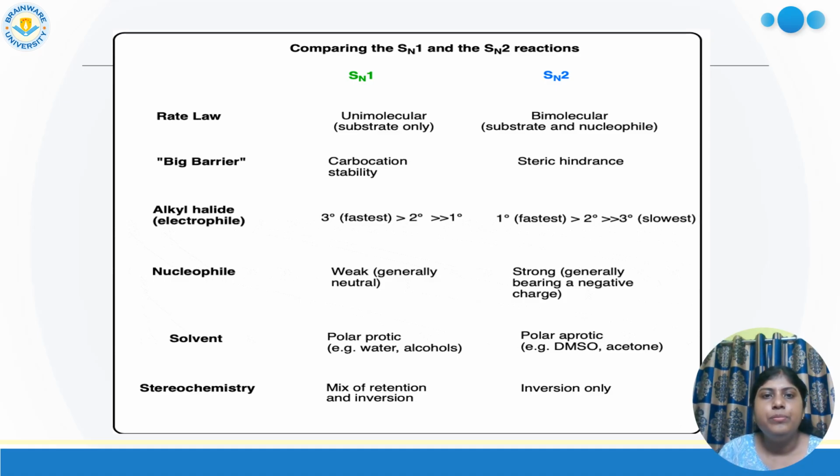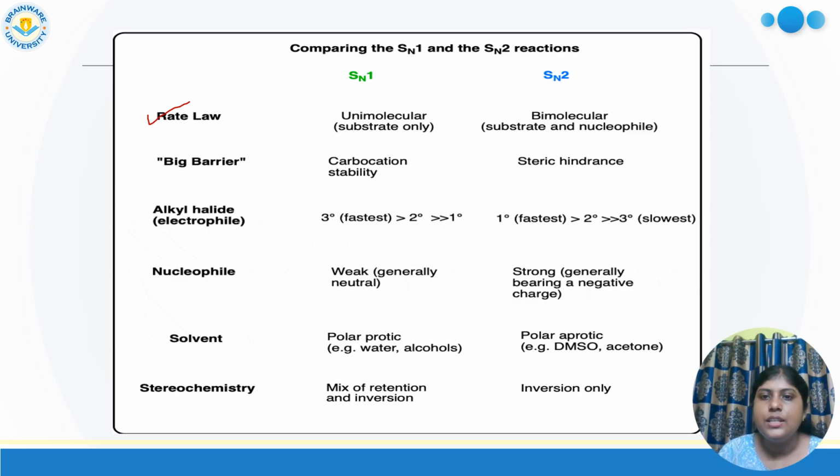There is some comparison between SN1 and SN2 reaction. First point, rate law. SN1 is a unimolecular reaction and SN2 is a bimolecular reaction. Big barrier: carbocation stability is very important in SN1 because the first step of the SN1 reaction is formation of carbocation.